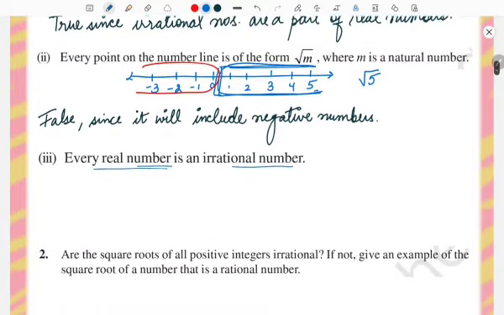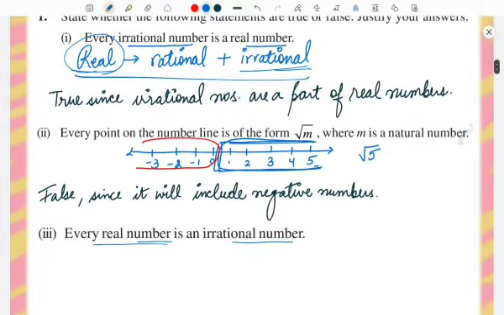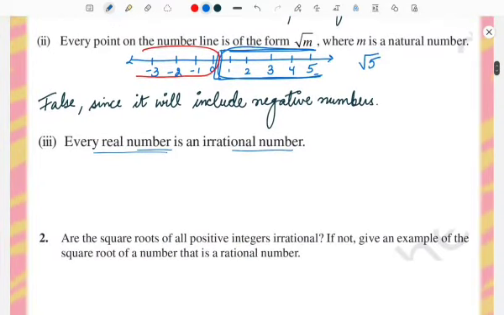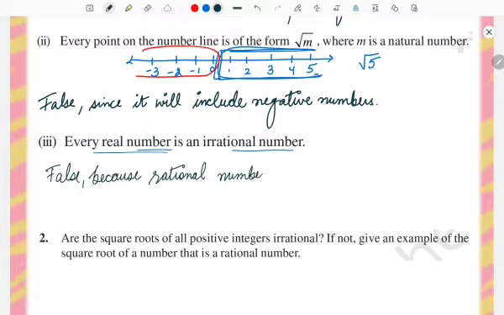That real numbers will not include rational numbers, right? Which is a false statement, because real numbers include rational numbers. So the given statement here is false because rational numbers are also a part of real numbers.